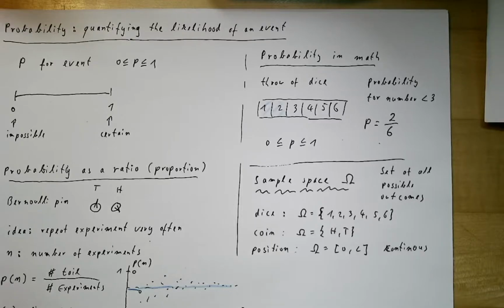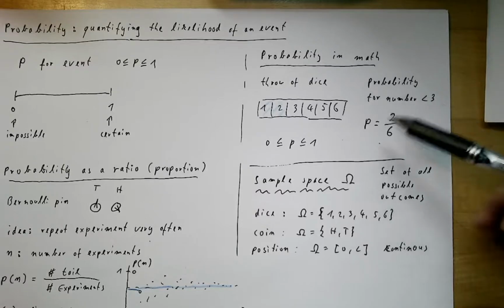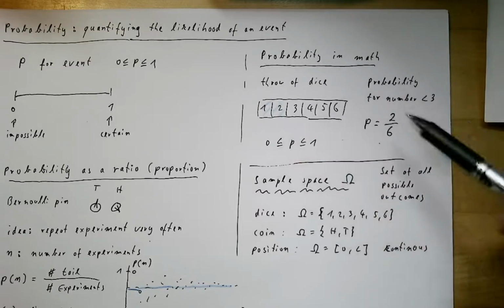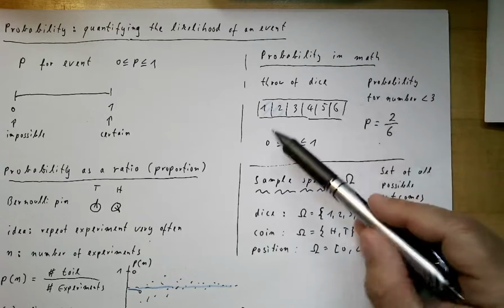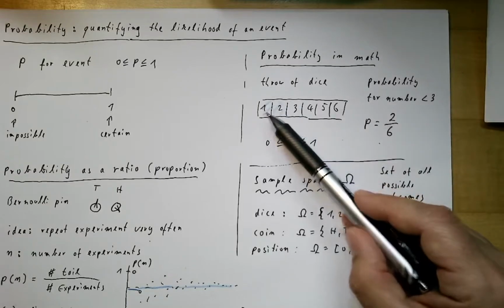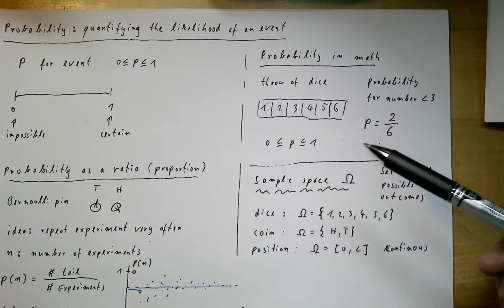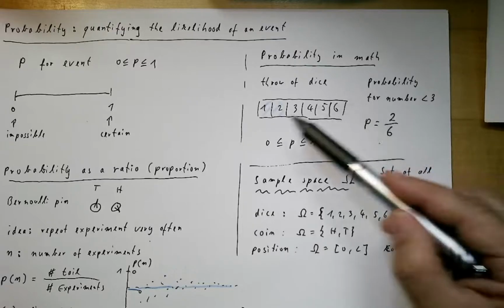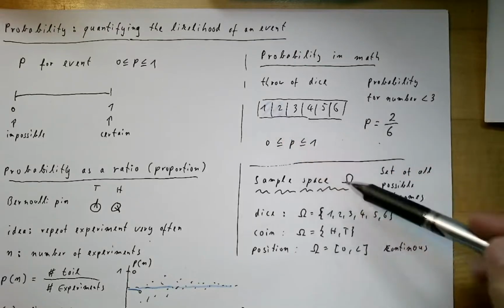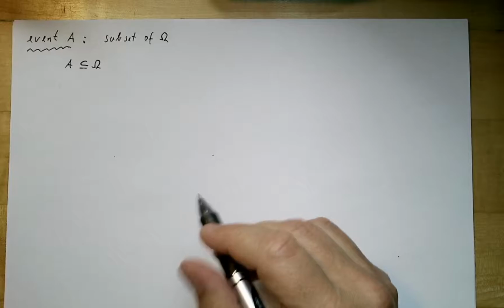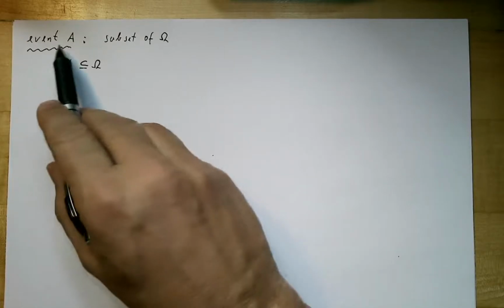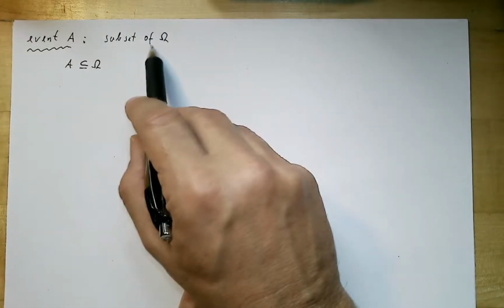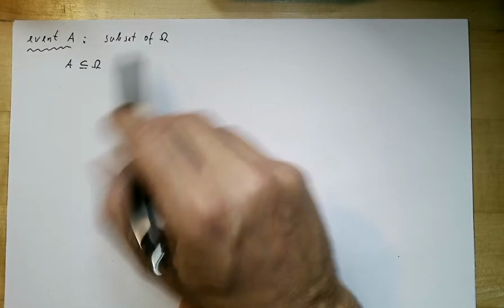Okay, now how do we come to the events? In this case, you saw the event was the outcome is 1 or 2. So events will always correspond to subsets of the sample space. So an event is a subset of our sample space.